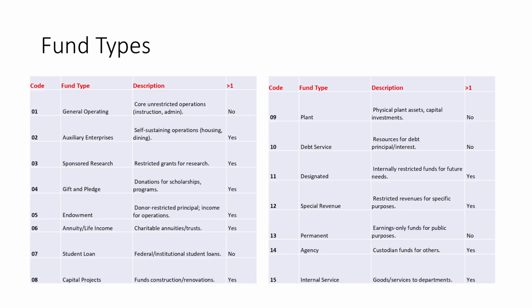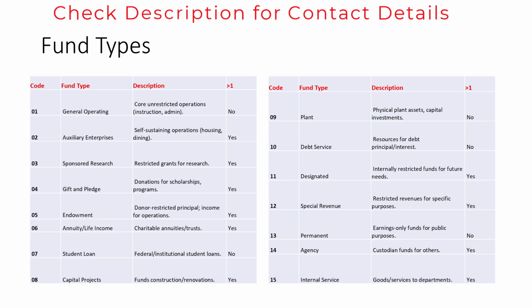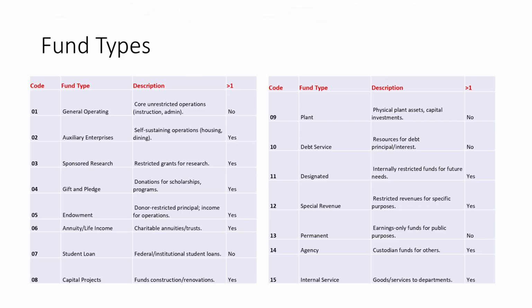Let's talk about fund type. Now, this is by no means the full exhaustive list of fund types that are out there, but it's a pretty good suite. Now, each of these funds has a particular character and therefore needs to be classified based on the rules in GASB for public with respect to net position and FASB for private universities with respect to net assets. And we'll see that.